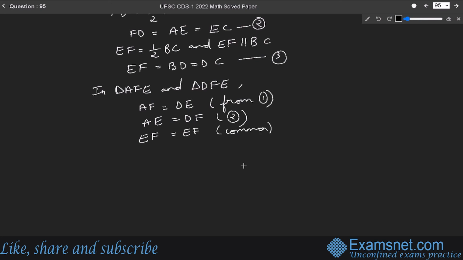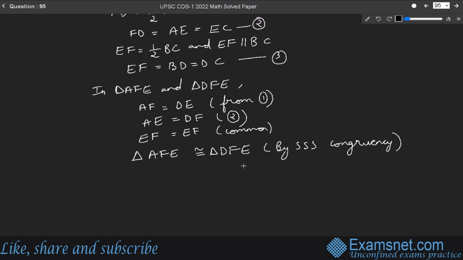So by side congruency, triangle AFE is congruent to triangle DFE. The concept of side congruency is, if all the three sides of one triangle are equivalent to the corresponding three sides of a second triangle, then the two triangles are said to be congruent.